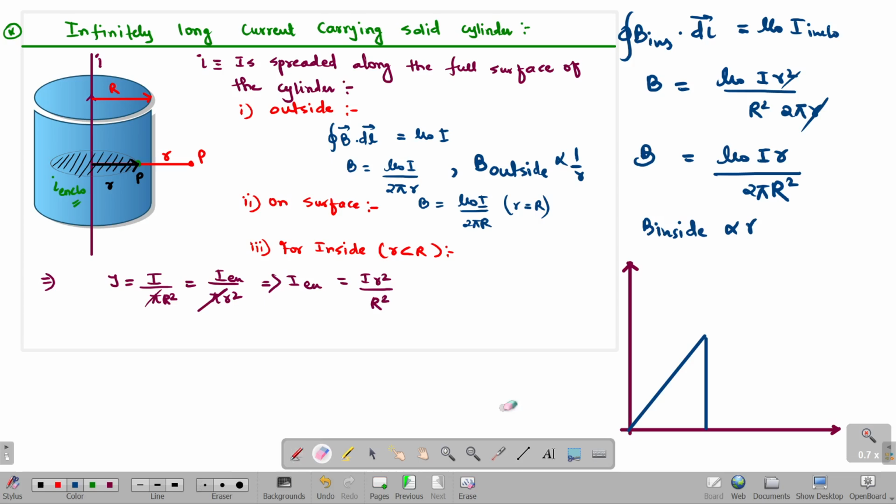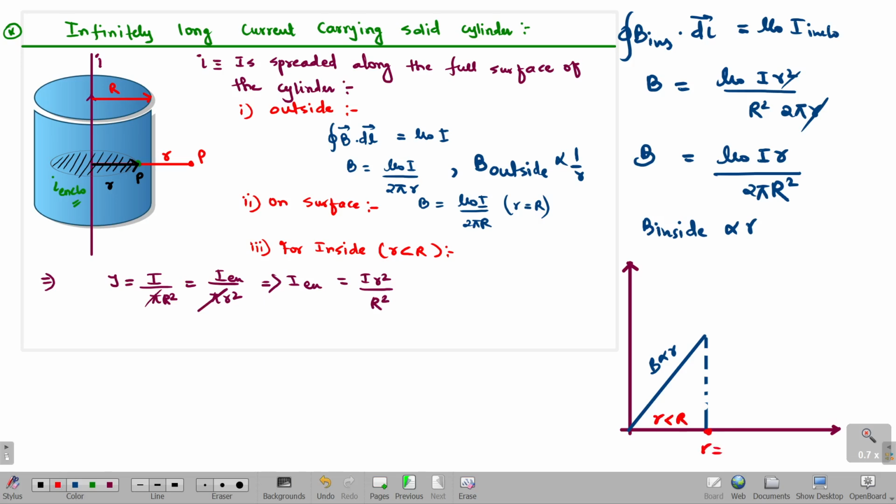Here it is inside, for r less than R. This point is r less than R, and this point is r equal to R. From here it starts to decrease faster. From r more than R, it will start decreasing. So B is proportional to 1 by r. So this is r greater than R. Are you able to get me or not?